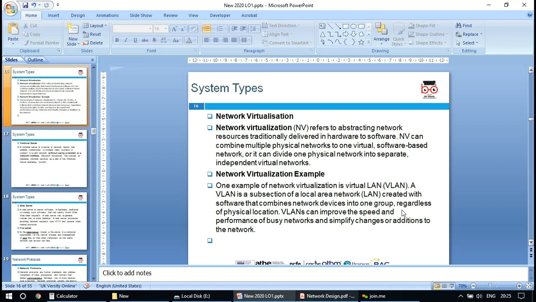And if one organization has a small building with lots of computers and they want a virtual division, then even though the computers are connected to the same router, virtually they can segregate them into different networks. Make sense?